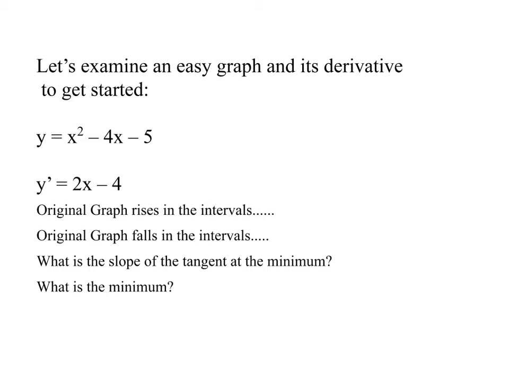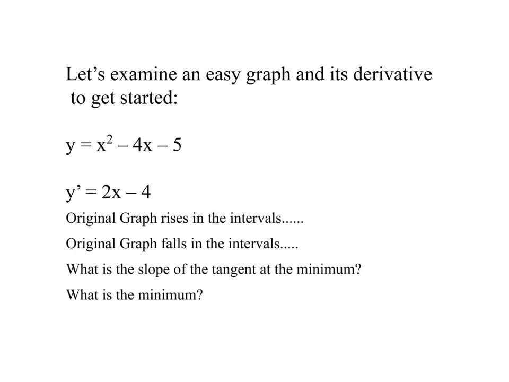To start with, let's look at a basic equation. We know from quadratics what the general shape is, and we can find some of the key information. Let's do a little bit of review of everything we've done so far. With this quadratic, we could figure out our y-intercept by plugging in an x of 0. So we make x 0, that would give us negative 5.